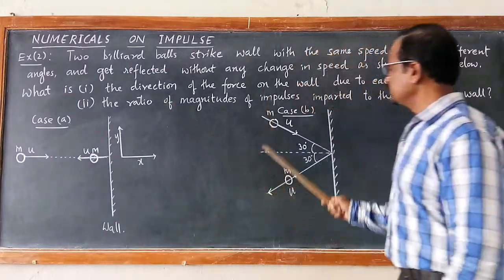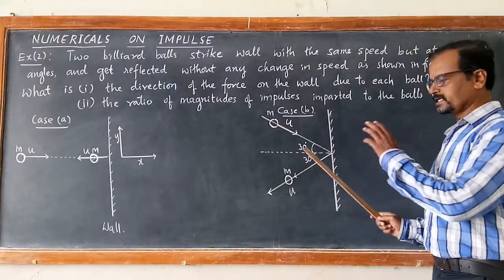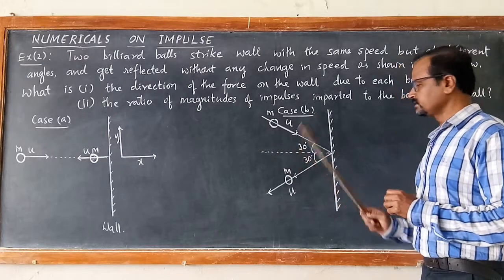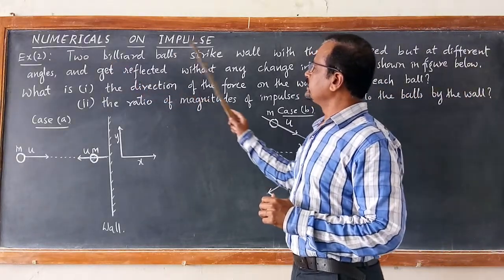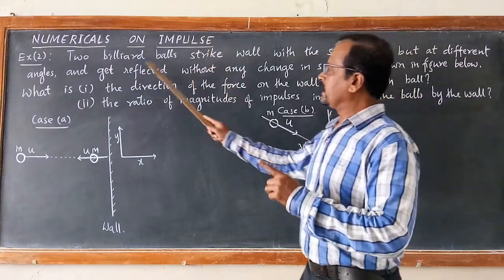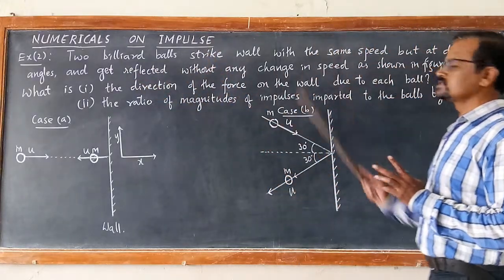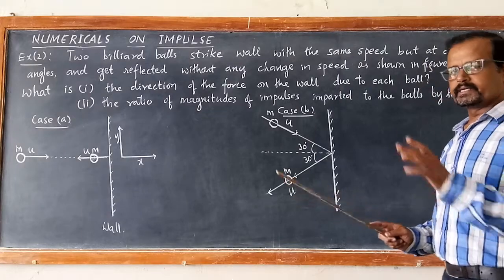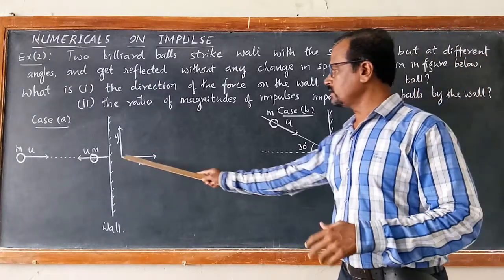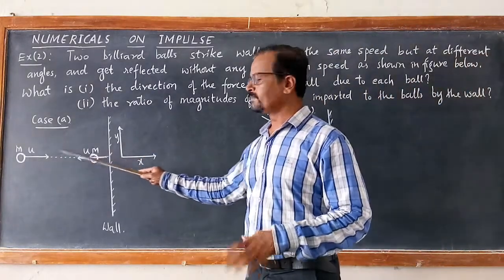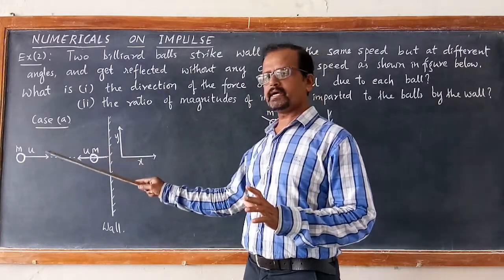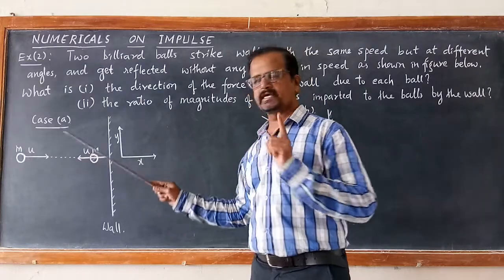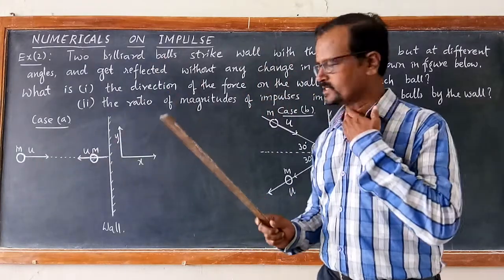In the second case, the ball hits with a certain angle of 30 degrees. In both cases, the ball gets reflected without any change in speed. When it rebounds from the wall, if u is the initial speed, after rebounding it has the same speed u in the opposite direction.